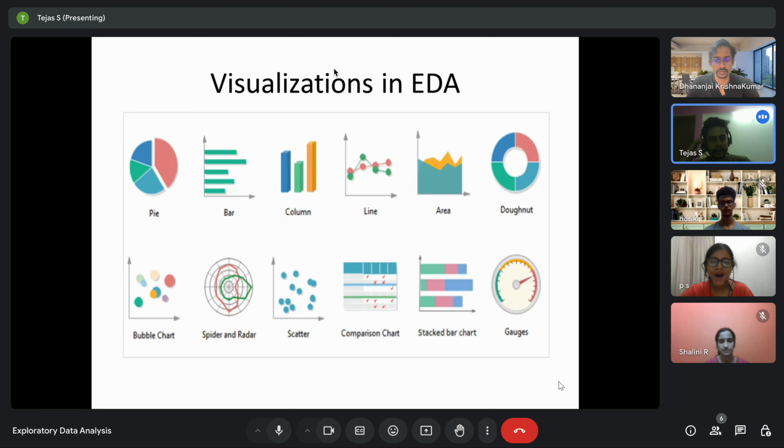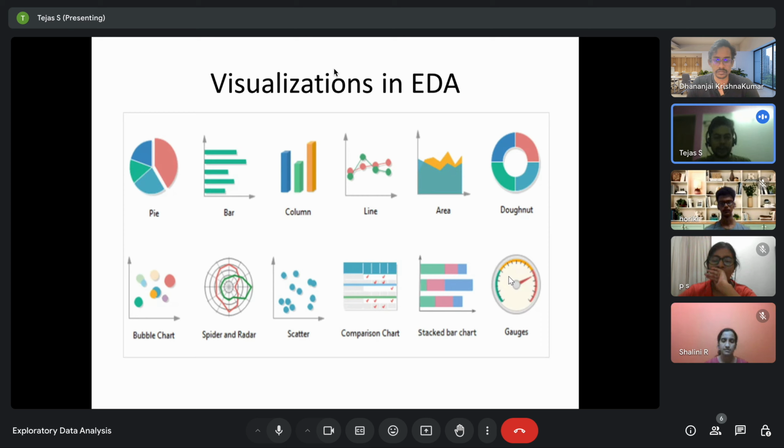And coming to the visualizations, we have various types of charts, maps. Example: pie chart, bar chart, column, line, area, donut, scatter, stacked bar, gauges, etc. The usage of them is dependent on the data.